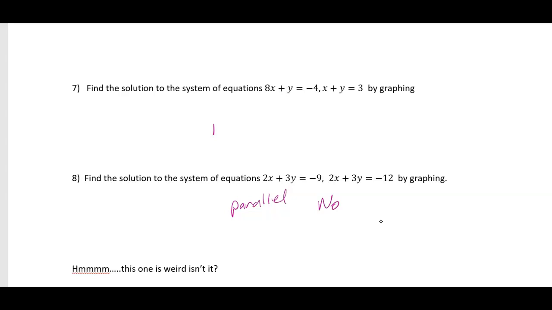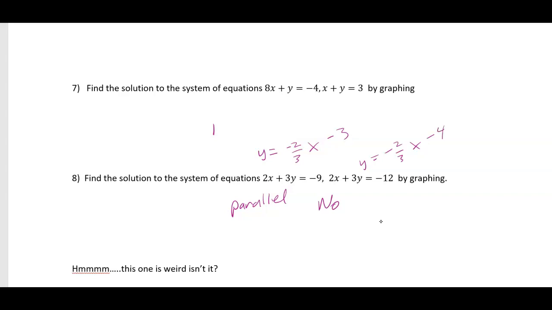If I solve this one, and you can do this out yourself step by step, if I isolate y for this one, I get y equals negative 2/3 x. So I would have divided the negative 9 by a 3, minus 3. Here I get y equals negative 2/3 x minus 4.